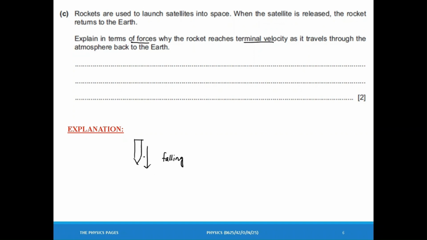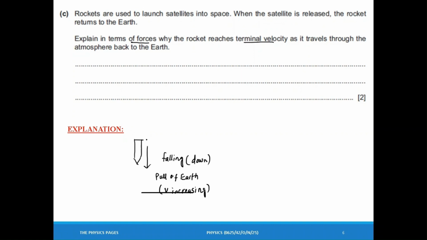When this rocket is falling, as it goes down due to gravitational pull, so you can say pull of Earth or gravitational pull make its speed increasing. As the speed increases, there is an upward force. So this is downward force that is pulling it.